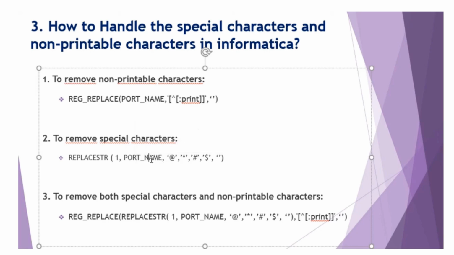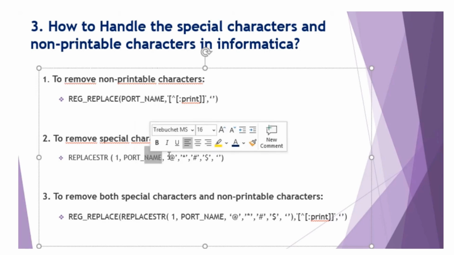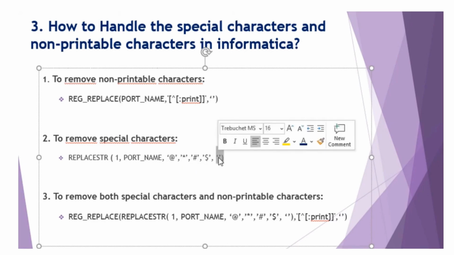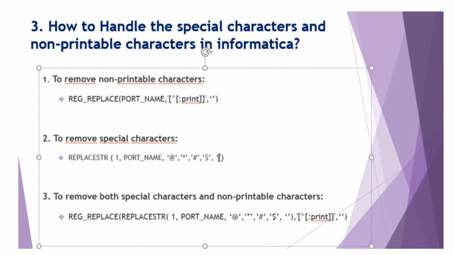And in the third attribute, the special characters we want to replace, we have to pass here. I'm replacing with the empty string again. If you want to replace with any other characters, we can pass them here in the fourth attribute. This is what I have mentioned to remove the special characters.